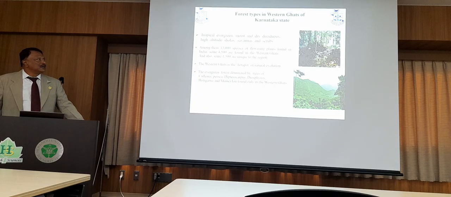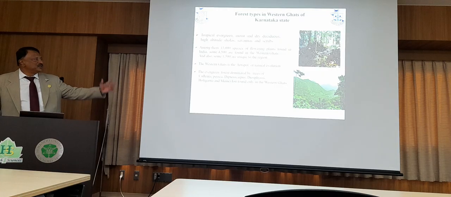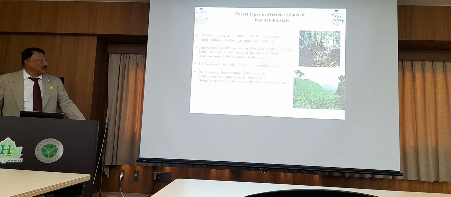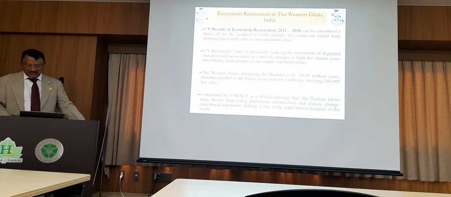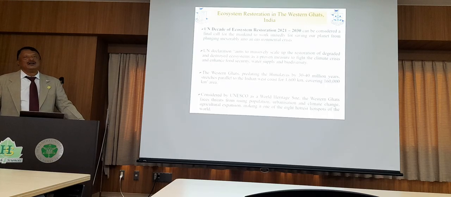The Western Ghats is a hotspot of natural evolution, with evergreen forest dominated by trees found only there. The United Nations Decade of Ecosystem Restoration, 2021 to 2030, can be considered a final call for mankind to work united to save our planet from plunging into an environmental crisis.